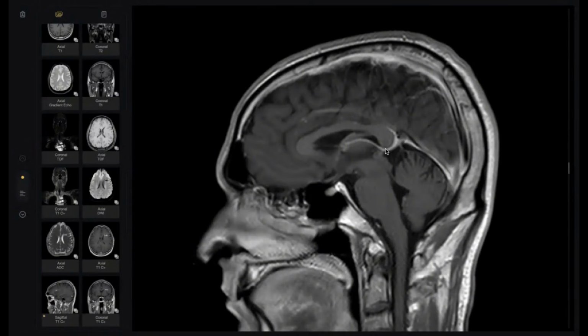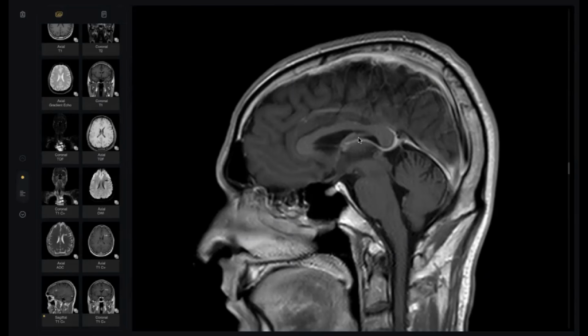The vein of Galen consists of two internal cerebral veins, each one formed of three major deep veins. Whatever the names, if you forget, at least you know the main idea. One of these three is lenticular, the other is choroidal. I think the last one is ependymal, something like this.